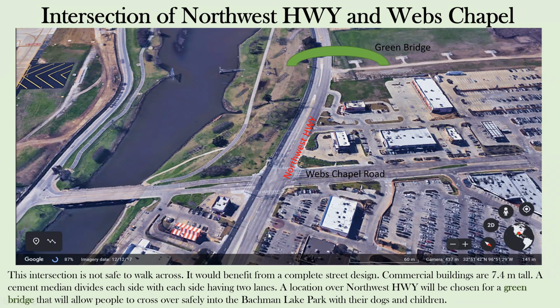The medians don't have any green infrastructure, and cars often drive fast. Installing green infrastructure will reduce the speed of cars, and installing garbage and recycling bins will reduce runoff of pet waste and litter into the drinking water source.